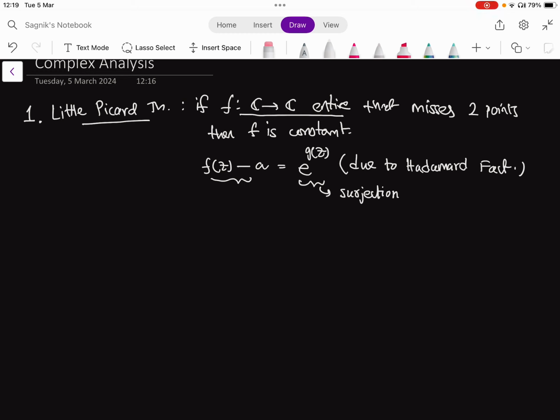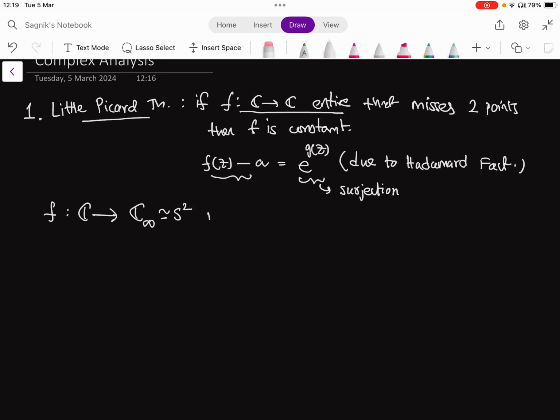So the question is, f from C to, say, we have to include the infinity as well because we are talking about meromorphic functions. This is meromorphic, and f misses 3 points. Then f has to be a constant.